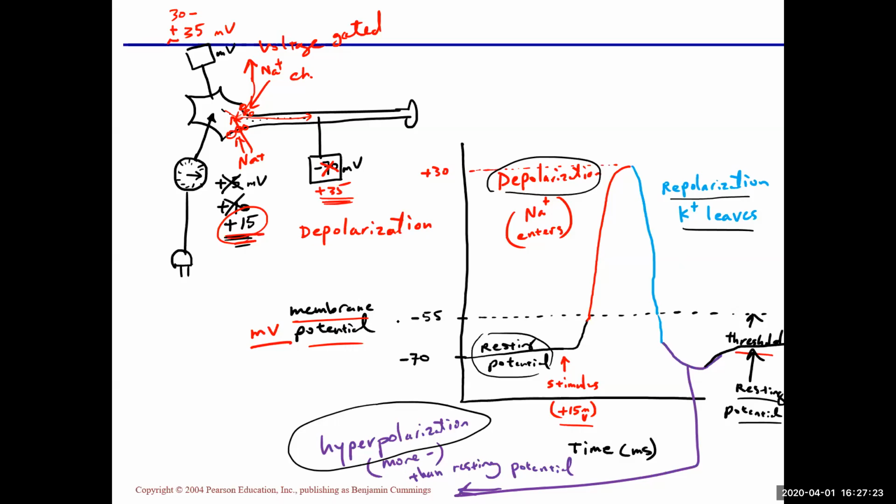Remember, the key is the threshold. Action potential either fires or it doesn't. It's kind of like shooting a gun. If you put your finger on the trigger and put enough force, the gun is going to shoot. So there is no halfway in between.